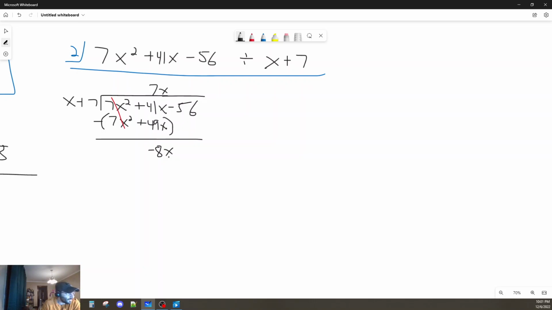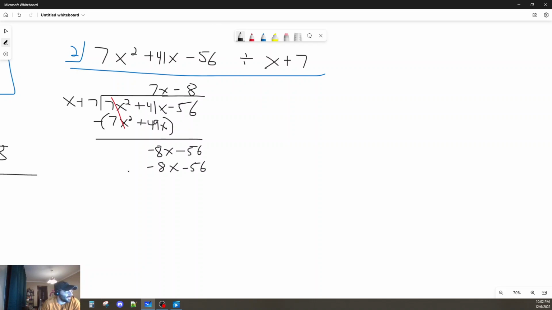Okay, and then we drop down minus 56. Okay, x goes into negative 8x negative 8 times, so it's minus 8. Negative 8 times x is negative 8x. Negative 8 times 7 is negative 56.